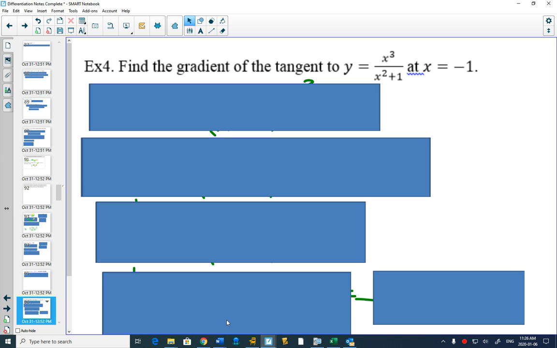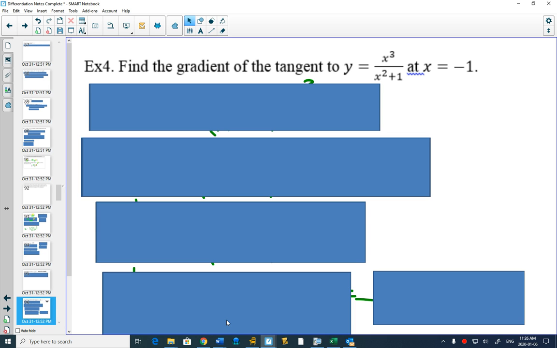Now we can apply questions that we've done already, so this is a little bit of a nice review. We remember that our derivative finds every single tangent at any point you want. So if we find the derivative of this and we plug in x equals -1, then we're going to find the slope of the tangent at that point.